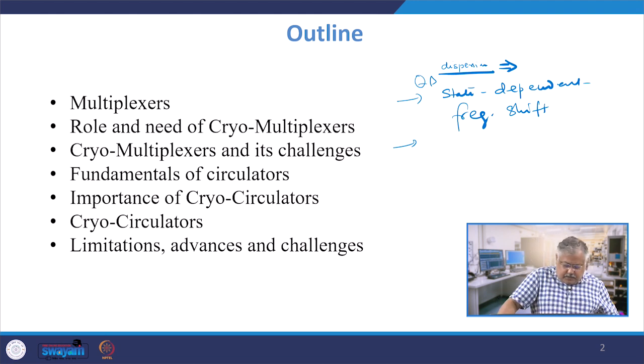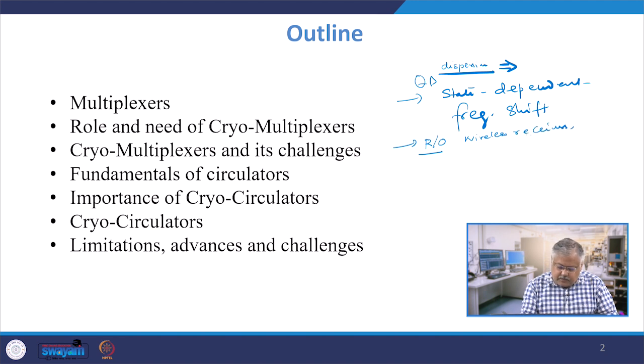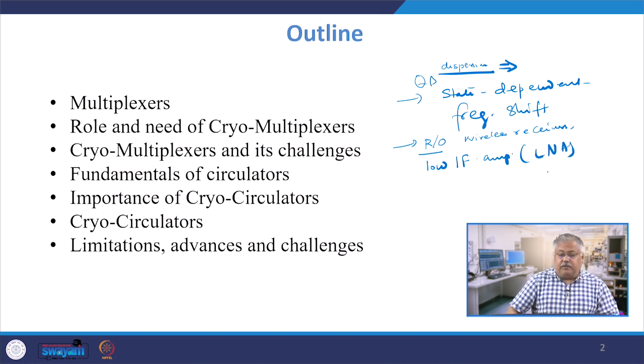Now, when you do a readout circuitry, in a typical measurement formulation, you will have receivers. There will also be a large number of low frequency, intermediate frequency amplifiers, which we have already studied, which is an LNA at cryo temperature in our previous lecture.